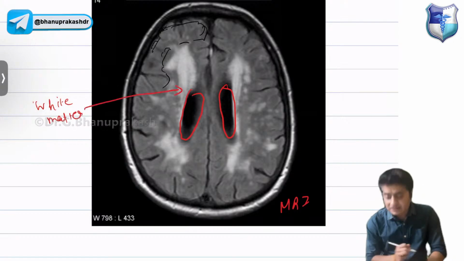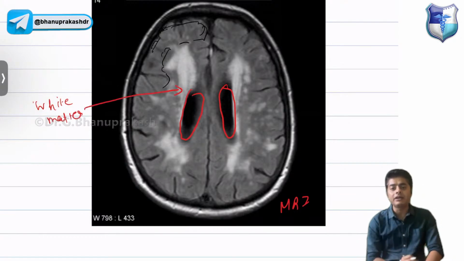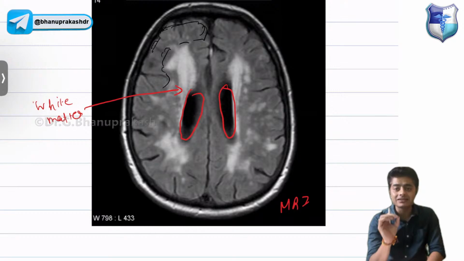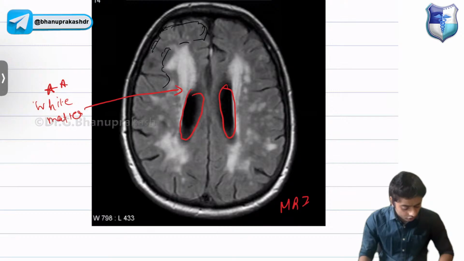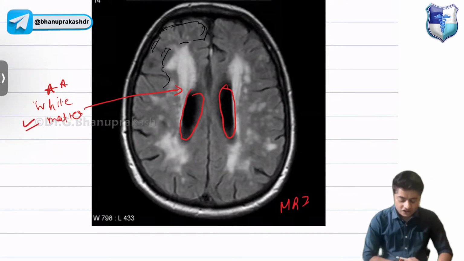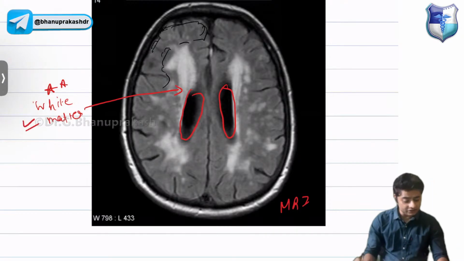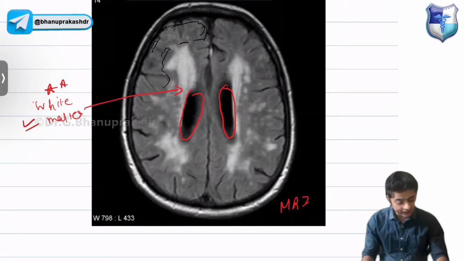And here we are seeing the hyperintensities in white matter, the white lesions in white matter. Okay, everyone. सबको समझ आ गया? In small vessel disease you will get hyperintensities in white matter.